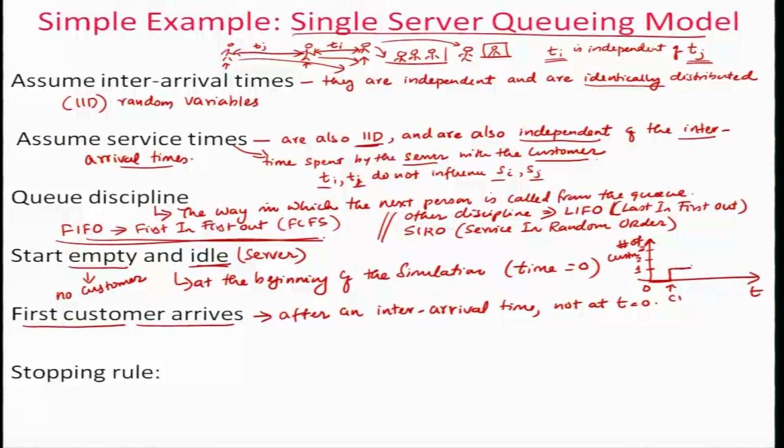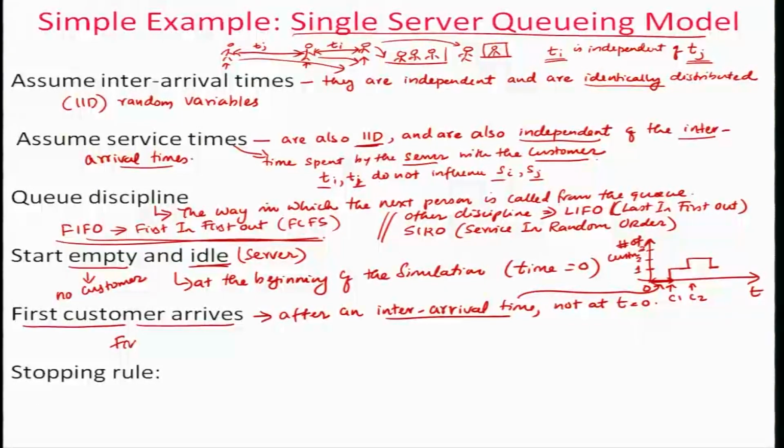This will continue until some point, and then maybe somebody else will come, then it will become 2, and then when the first person's service is over, it will come back to 1, and so on. This is C1 and this is where C2 will happen. This time is the inter-arrival time after t equal to 0. So, the first customer will arrive after the beginning of the simulation.